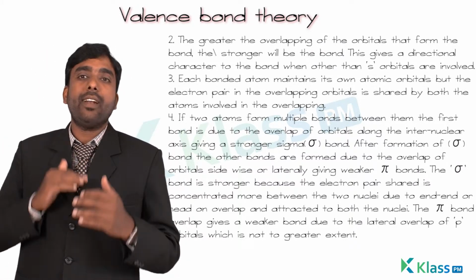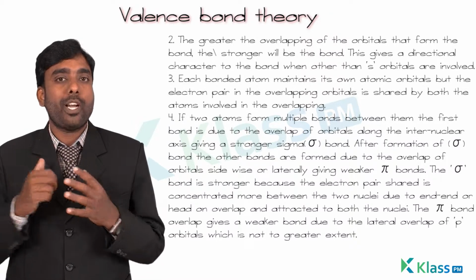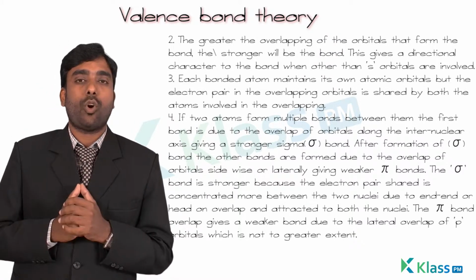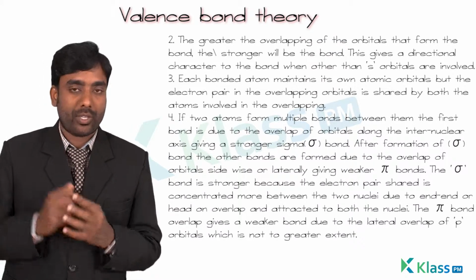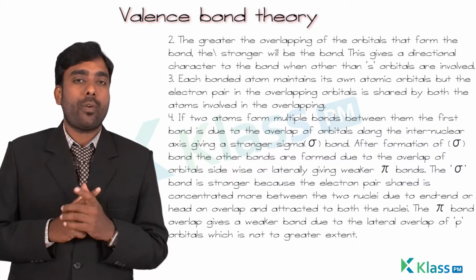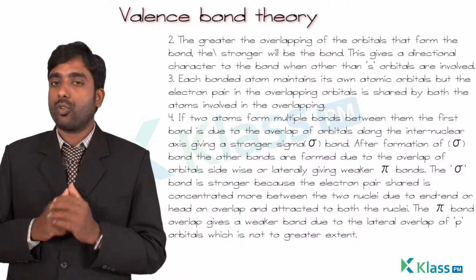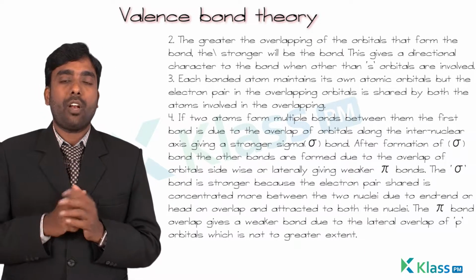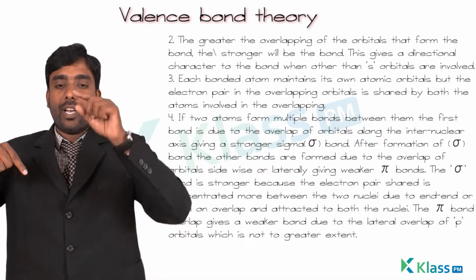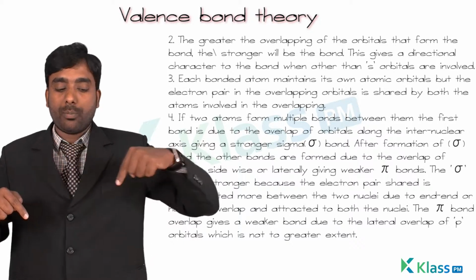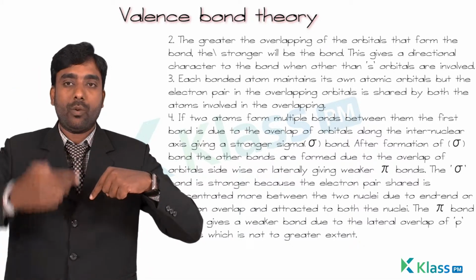Now the second and third bonds, if we are talking about multiple bonds, are always formed by lateral overlap. You can see in the picture how the lateral overlap and end-to-end overlap occur. The lateral overlap is always perpendicular to the internuclear axis. If the internuclear axis is like this, the lateral overlap is perpendicular to this one, meaning the overlapping occurs in the vertical way.